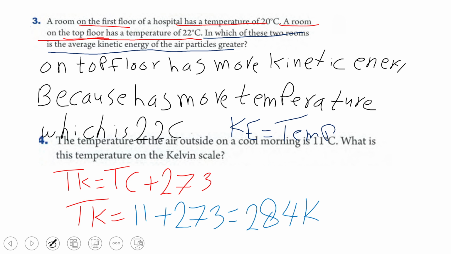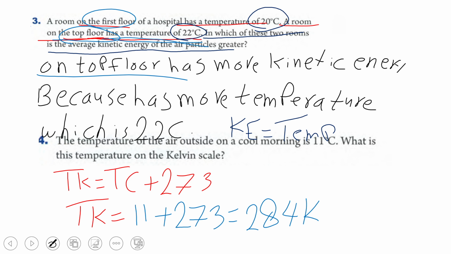So we have 2 rooms. One room is 20 Celsius, the other is 22 Celsius. In which one is the kinetic energy of the particles greatest? Of course, the answer is the top floor. Why the top floor? Because at the top floor we have more temperature compared with the first floor.